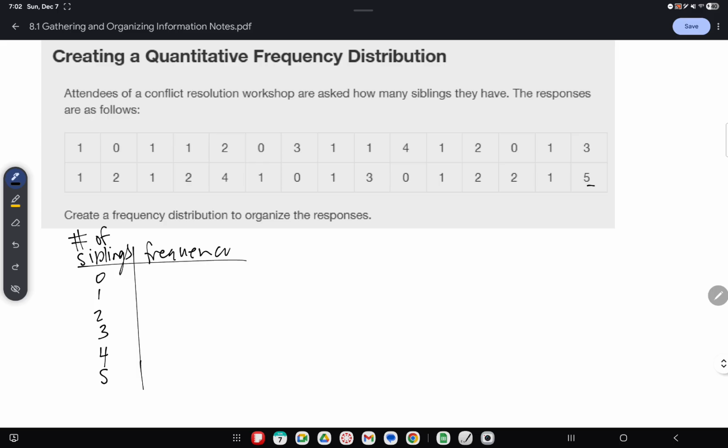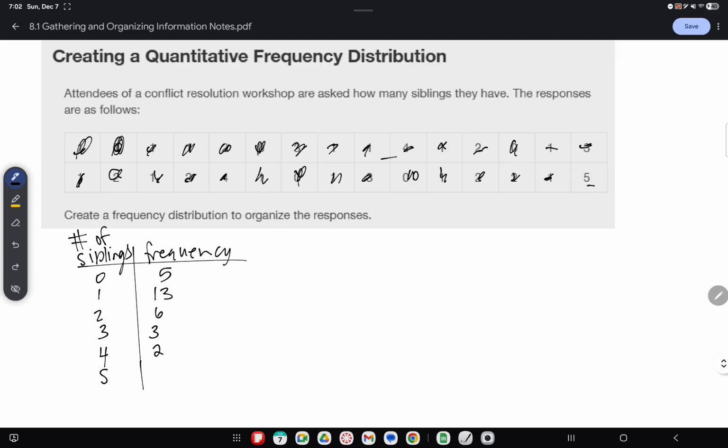And then we can do the same thing here. So we have 1, 2, 3, 4, 5 zeros. 13 ones. 6 twos. 3 threes. 2 fours.